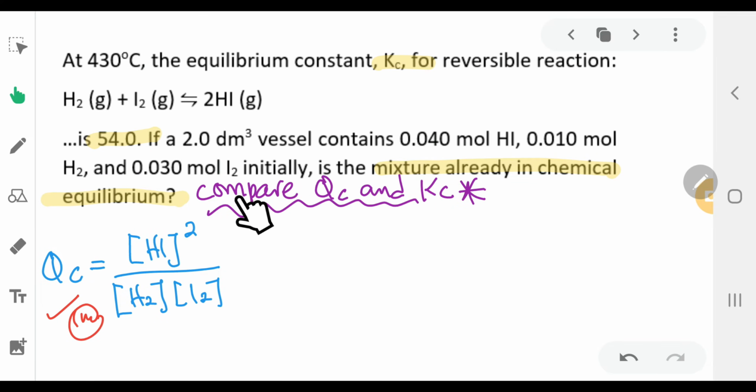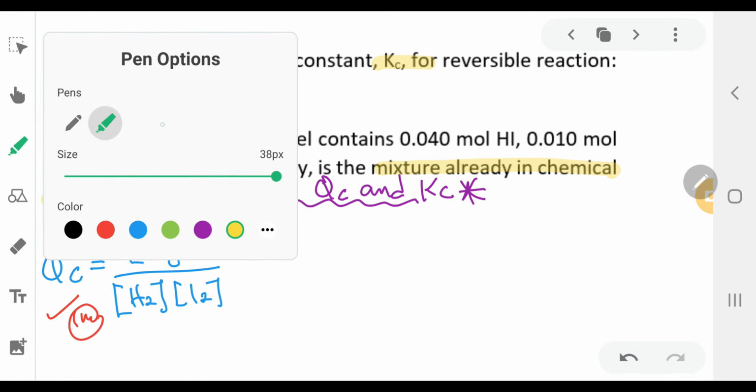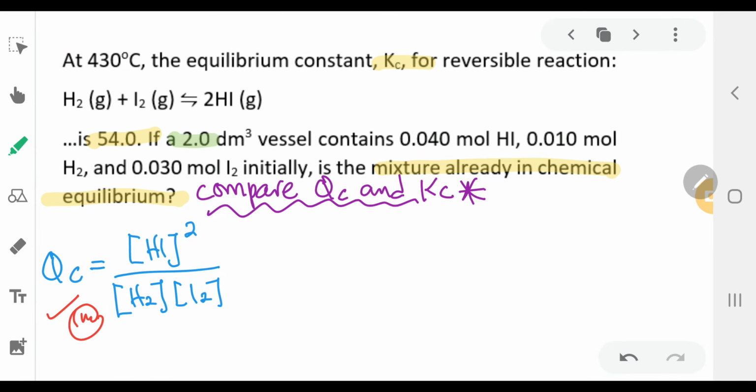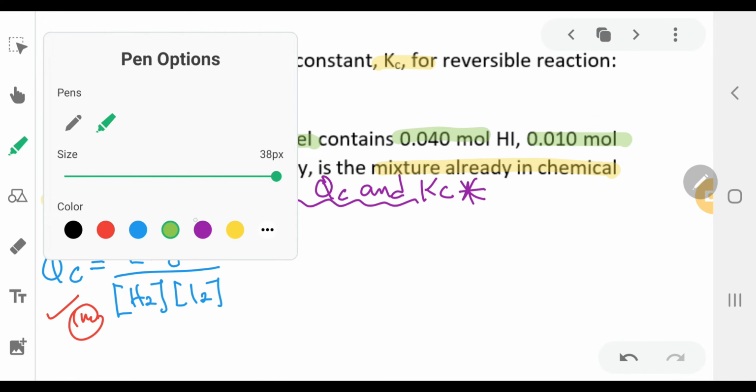What we need to do now is convert these values in moles into concentration. That should be easy because the volume of the vessel is given to you, so we can use the moles to convert into concentration.